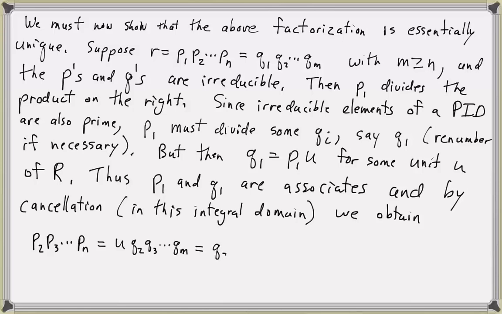So I'm going to call it Q2 prime, Q3 up to Qm, where Q2 prime just equals the irreducible element Q2 times U. So this is still irreducible.